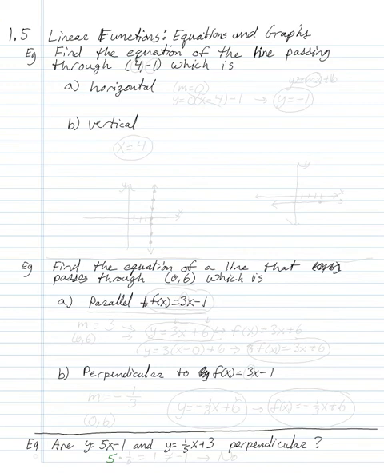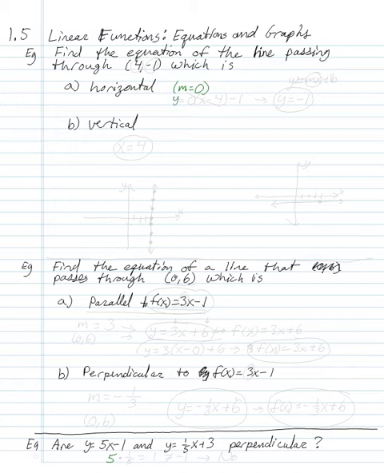Now, another topic in this section deals with how to describe a horizontal or a vertical line using an equation. Now, a horizontal line, as discussed in a previous section, has a slope of 0. So one approach that we could use is to use point-slope form.